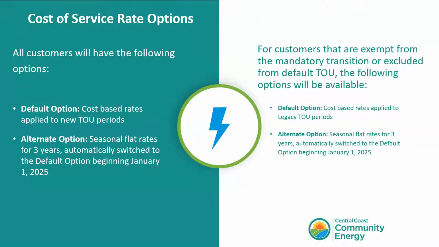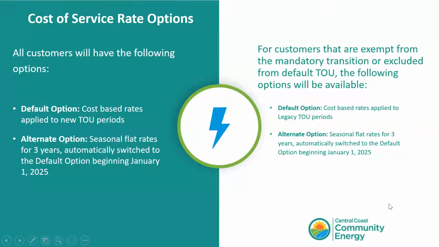That seasonal flat rate will be available to you for a 3-year period, and then automatically switch to the default option beginning January 1, 2025. Now, the majority of customers will be in that left-hand side there. There are some customers that are exempt from the mandatory transition or excluded from the default time of use changes. For those customers, 3C is offering an option as well.